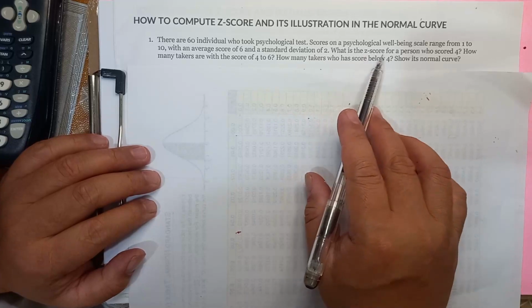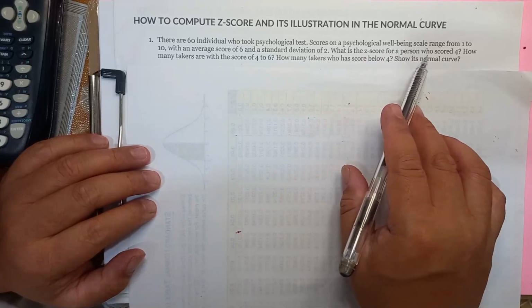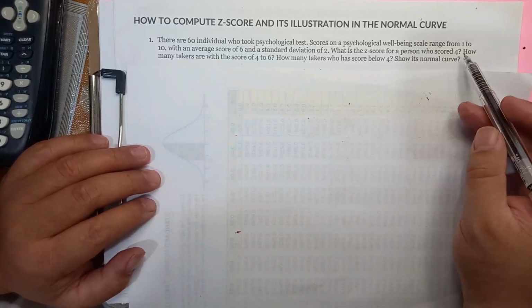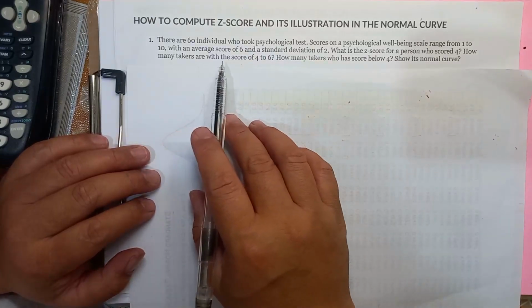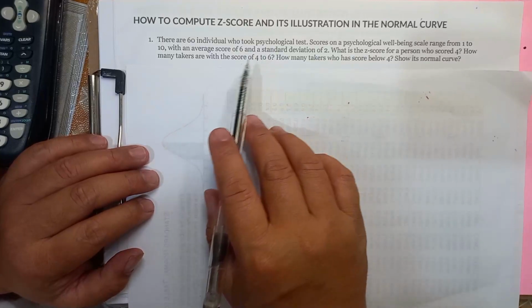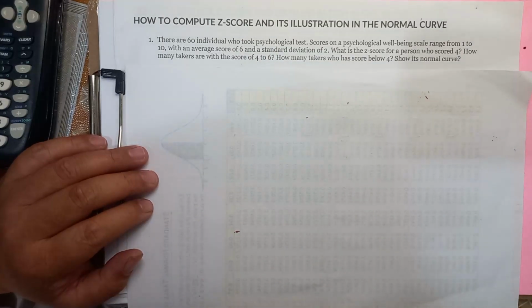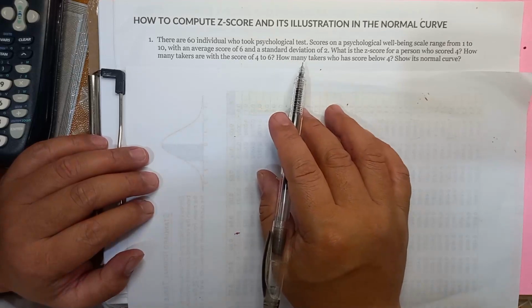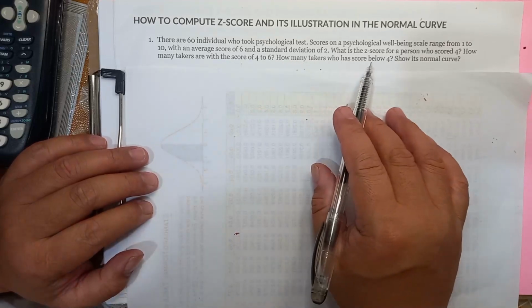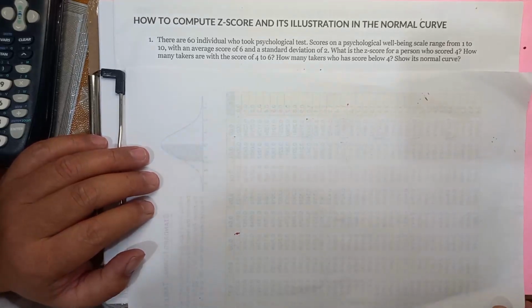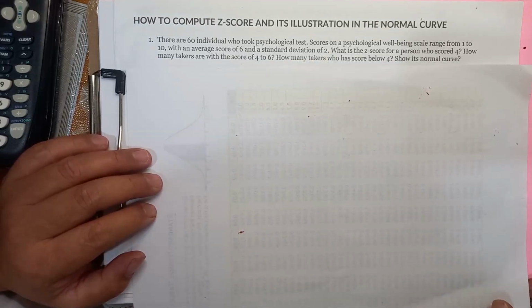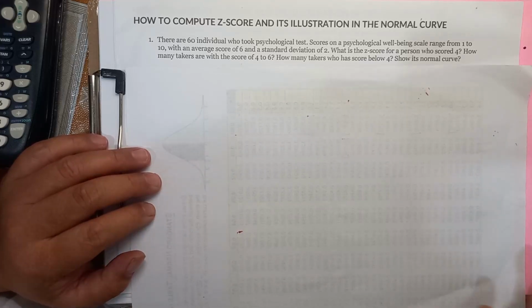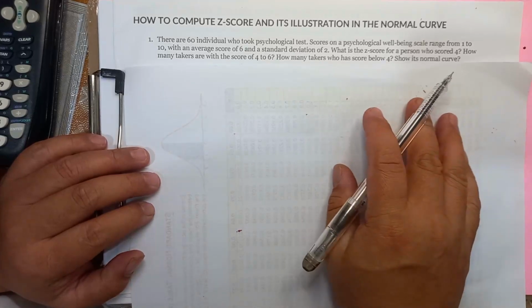What is the Z-score for a person who scored 4? How many takers are with a score of 6 to 4, or 4 to 6? And how many takers have a score below 4? Also, show its standard normal curve.